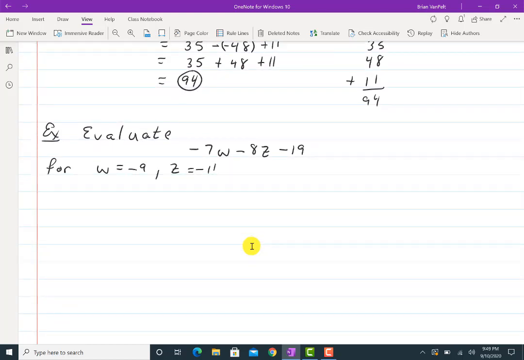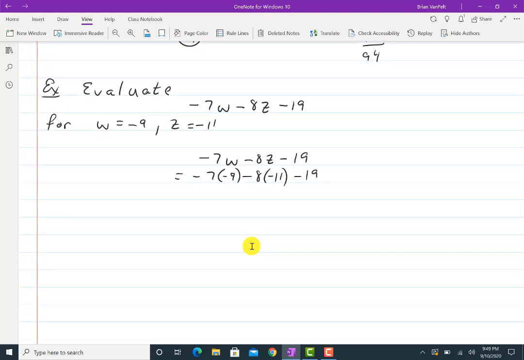So negative 7w minus 8z minus 19. I'll replace w with negative 9, do it in parentheses as I suggested. Then I do minus 8 times negative 11, and then minus 19. Now in the first piece, I see negative 7 times negative 9. That's going to equal positive 63.